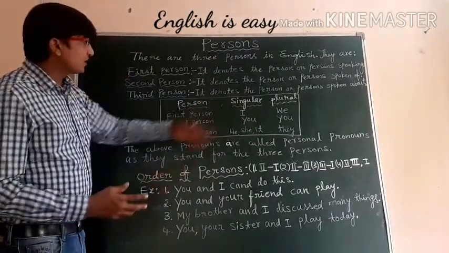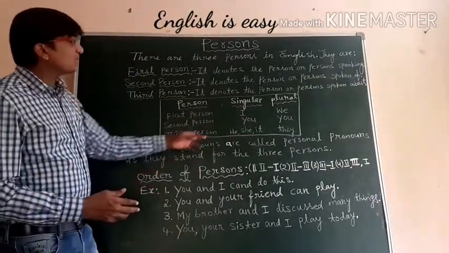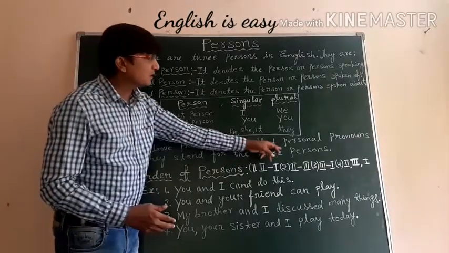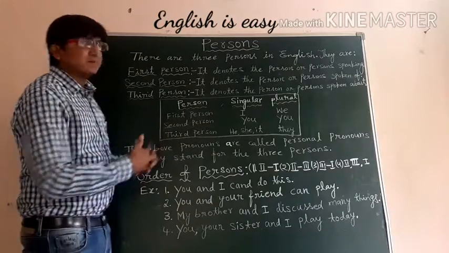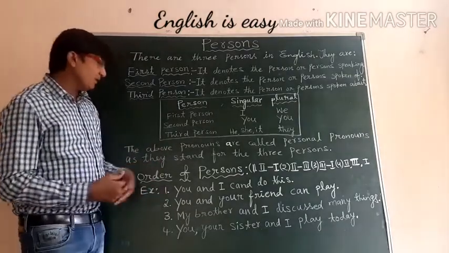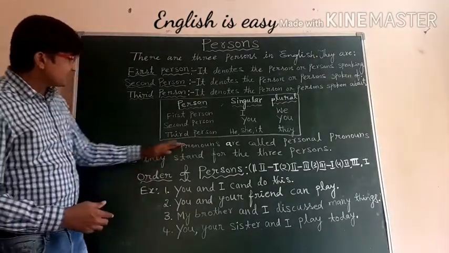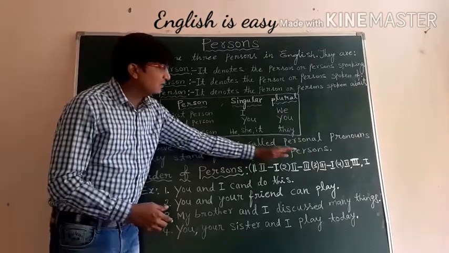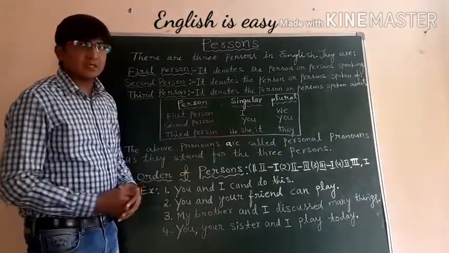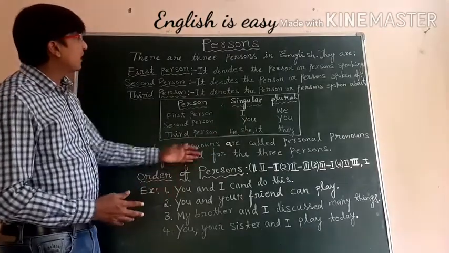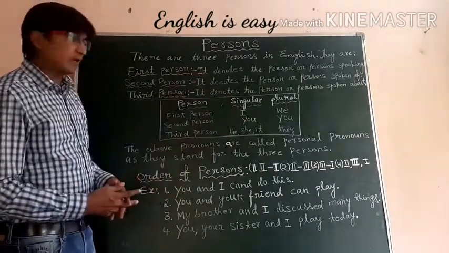Now all these are pronouns, and these pronouns are called personal pronouns. Why do we call these personal pronouns? Because they stand for the three persons. They refer to persons. That's why we call them personal pronouns.